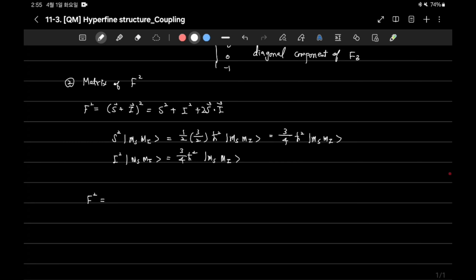S square plus I square: the two are the same as each other.